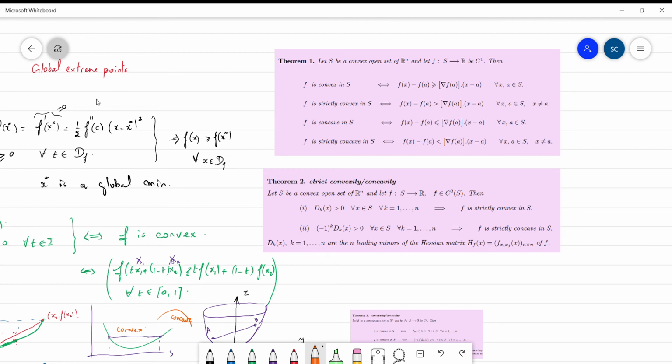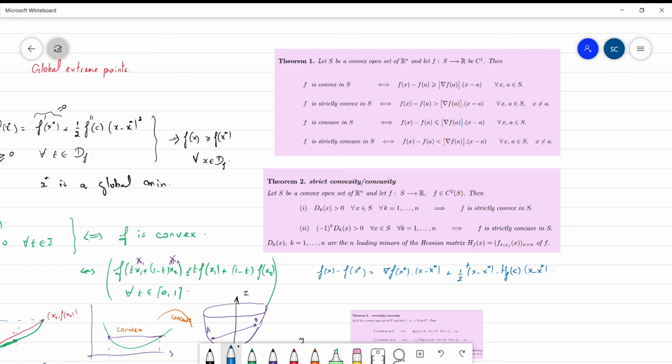If you remember, for a function of several variables, let's remind ourselves about this difference: f(x) minus f(x star) was the gradient of f at x star times (x minus x star), plus half of (x minus x star) transpose the Hessian matrix at some vector times (x minus x star).